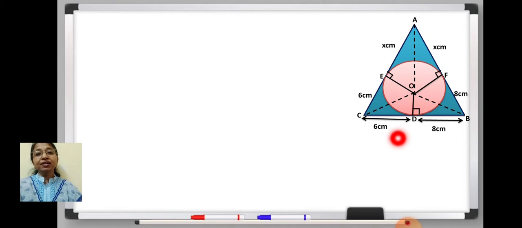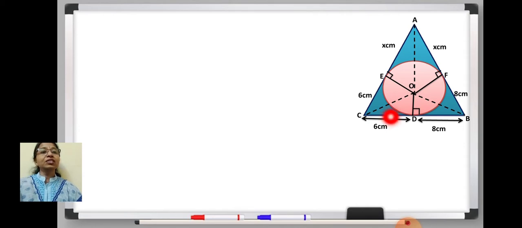Then secondly, we will find the area of triangle ABC again, but this time we will find the areas of triangle AOB, triangle BOC and triangle COA separately, and add them.